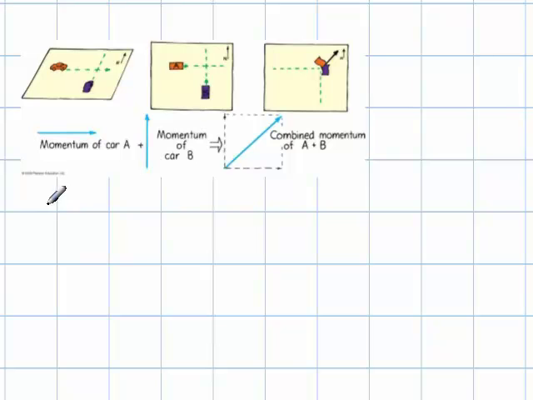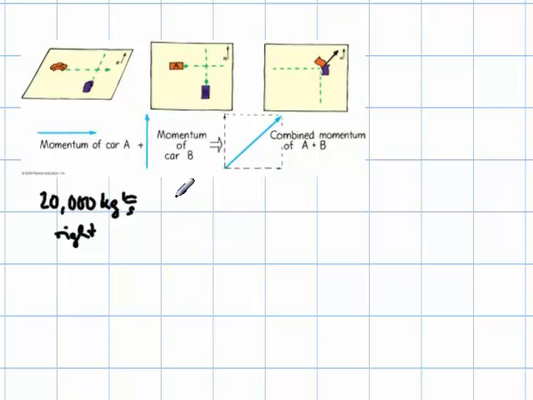The momentum of car 1 is 1,000 kilograms times 20 meters per second, so that's 20,000 kilograms meters per second to the right, or as far as the problem says, east.